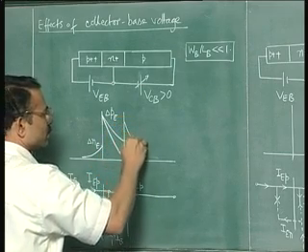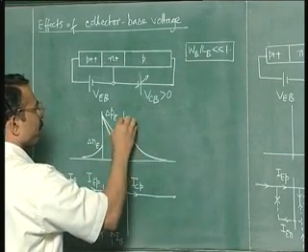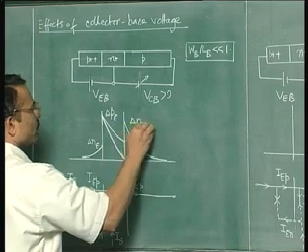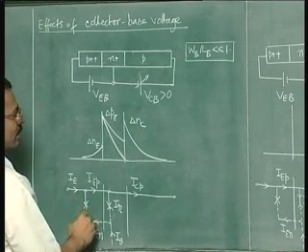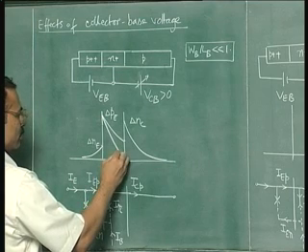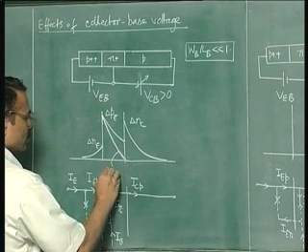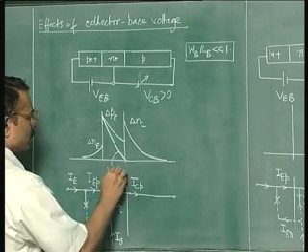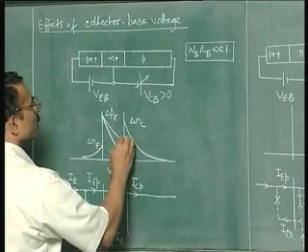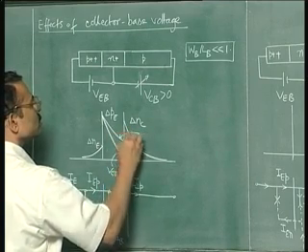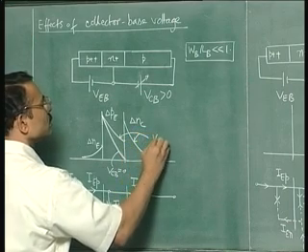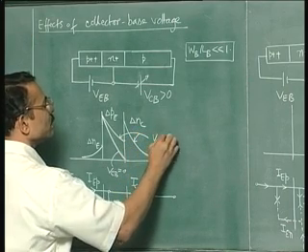So this is the kind of situation for forward bias across the collector base junction. So this is VCB equal to 0 and these two correspond to VCB greater than 0.